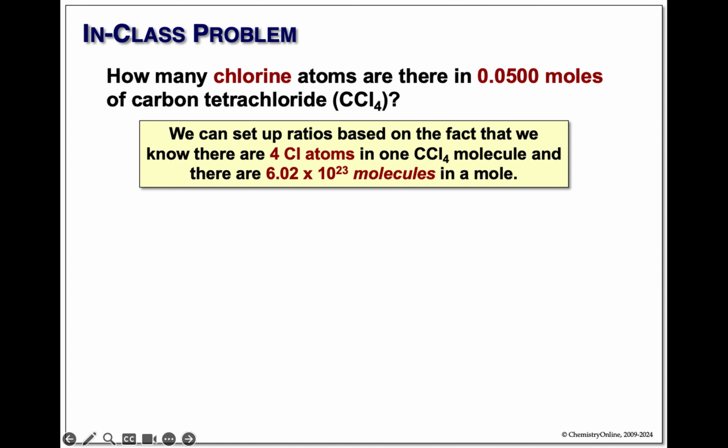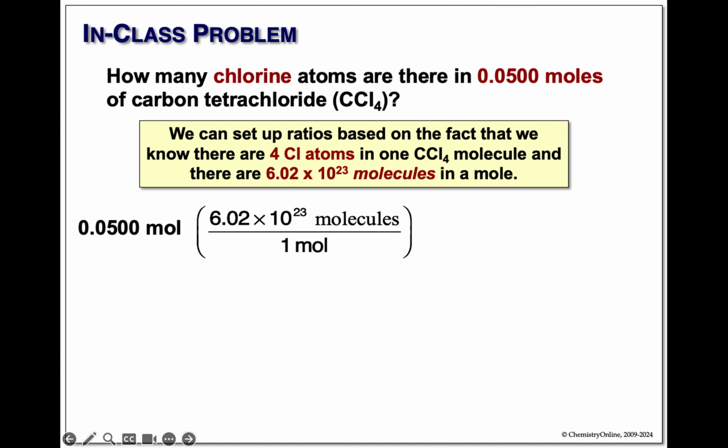We look at our mole ratio here. 4 chlorines for every carbon tet molecule. 2 ratios. We take our given, multiply it by molecules per mole, and then multiply this by 4 chlorines per carbon tet molecule.